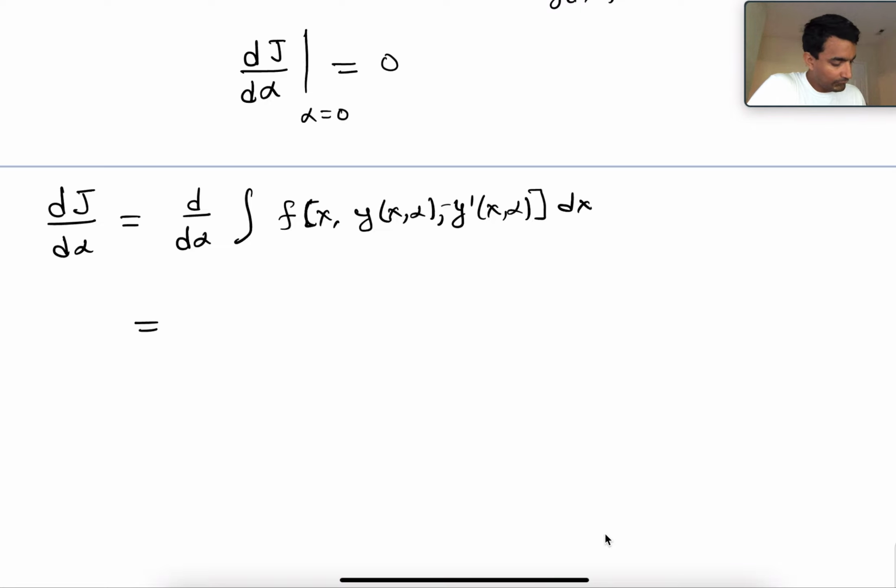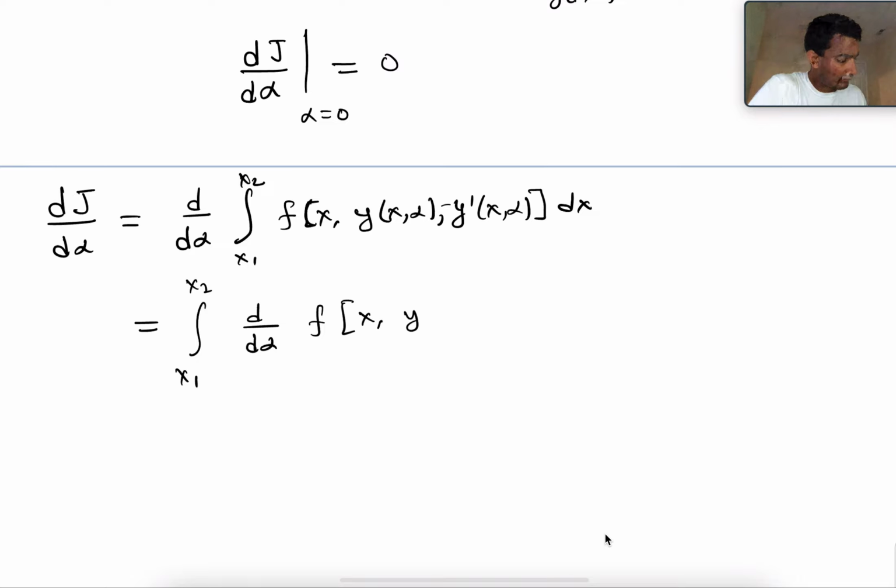We can take the differentiation inside the integral sign, which gives us the integral from x1 to x2 of d by d alpha of the function f of x, y of x, alpha, y prime of x, alpha dx.